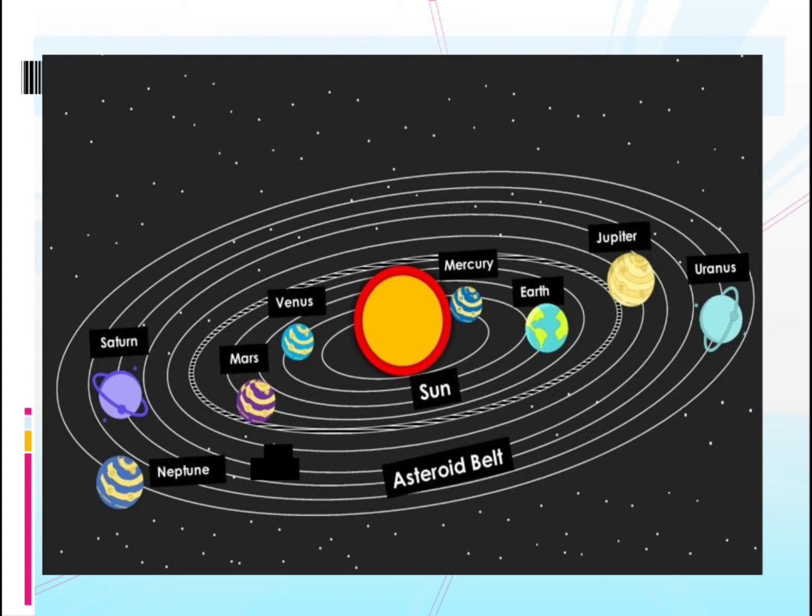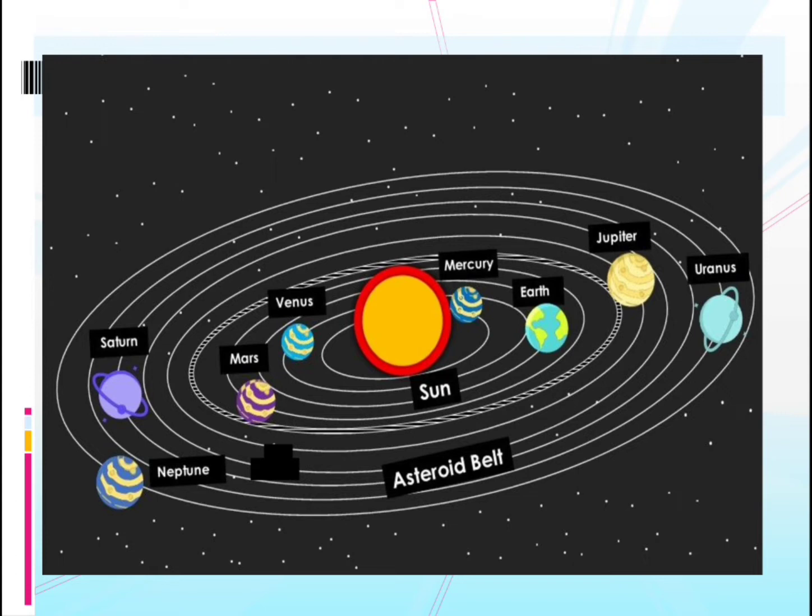Just, J, Jupiter. Served, S, Saturn. Us, U, Uranus. None, N, Neptune. That means you take the first letters of each word of that sentence and you can name the planets in order.